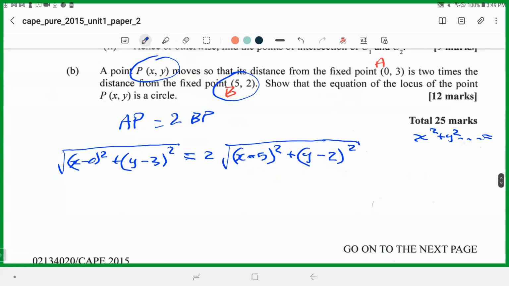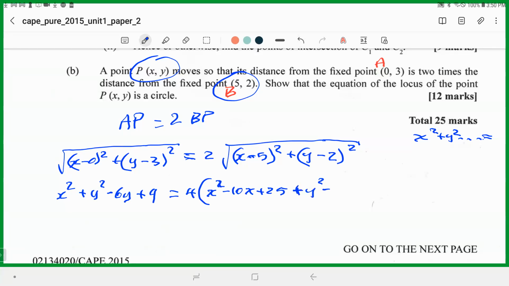So square both sides here. This under here is going to become x squared alone. This one is going to become y squared minus 6y plus 9 equals, when I square both sides, a 4 into, and I'm going to expand this now: x squared minus 10x plus 25, plus y squared minus 4y plus 4.